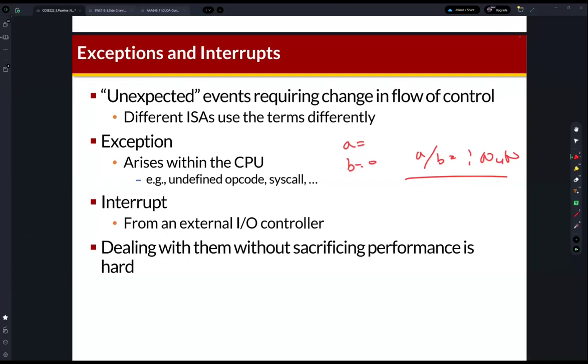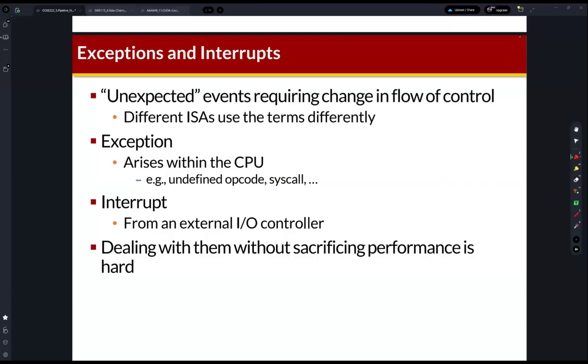Actually, RISC-V handles this divide by 0 in a different way, but in a classical CPU design, divide by 0 just terminates the program and reports some errors.